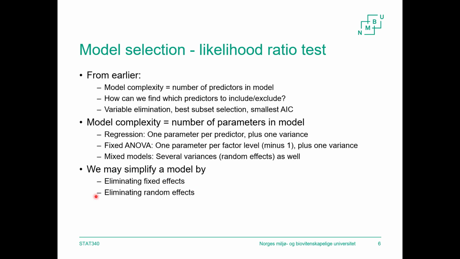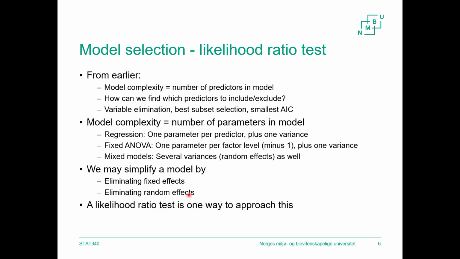There is no reason we couldn't put up a null hypothesis saying that the random effect has 0 variance, right? That's the same as eliminating a parameter, a variance, instead of a fixed effect.